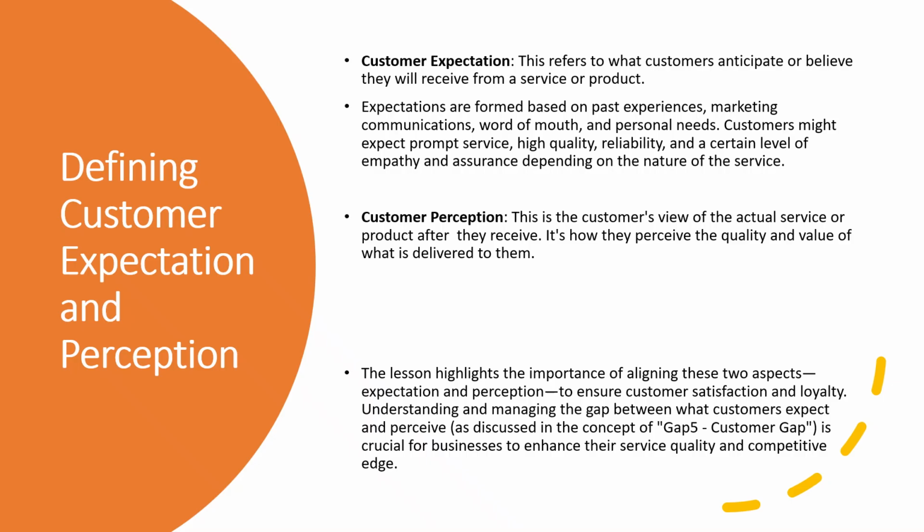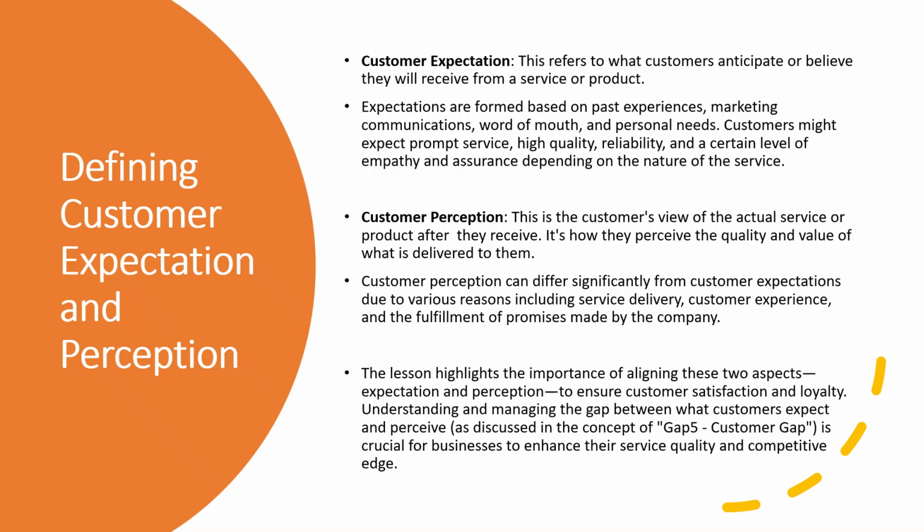And so after they have received, the view is what we call perception. It is how they perceive the quality and value of what is delivered to them. And customer perception can differ significantly from customer expectations due to various reasons, including delivery, experience, and the fulfillment of promises made by the company.